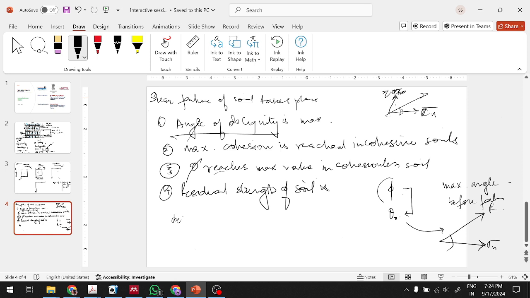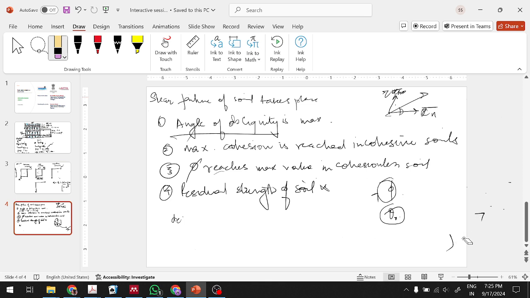But which is which, I have to ask, because I'm getting a little doubtful about the definition. Do you understand what I'm saying? The concept is the same as I told you, but I just need to re-verify whether it was the angle of obliquity which was changing or phi which was changing. If it is phi which is changing, then it will be 3. And if it is the angle of obliquity which is changing, then it will be 1.